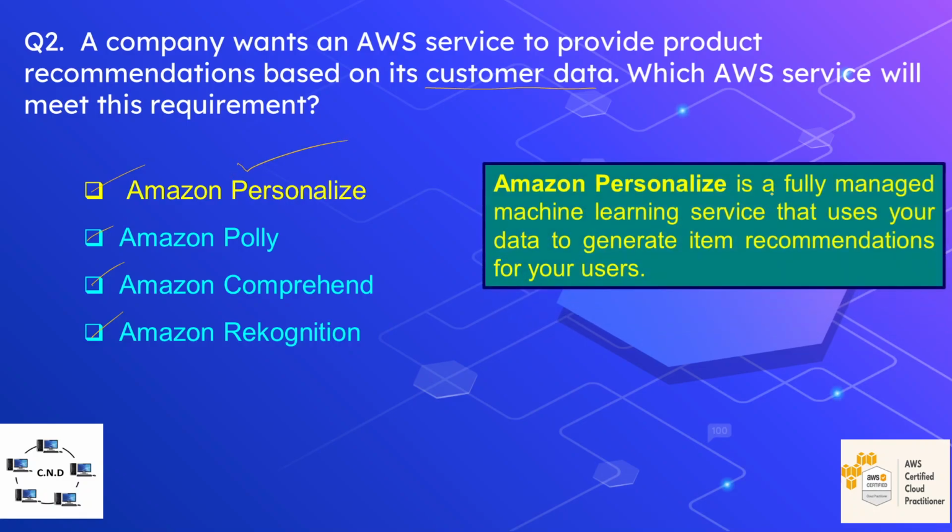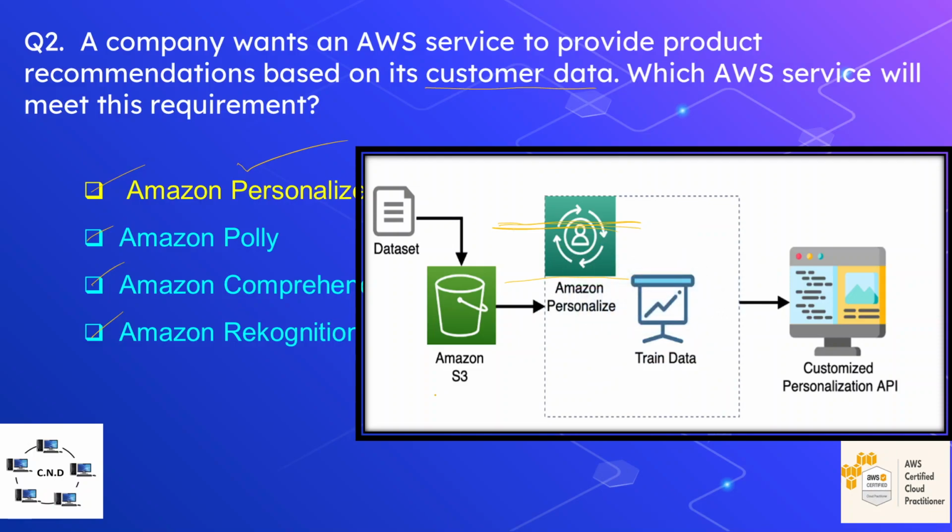So Amazon Personalize is basically a fully managed machine learning service, the keyword being machine learning, that uses your data to generate item recommendations for your users. So it basically uses your data and your usage of the services to generate recommendations through the use of machine learning. And this is the visual representation of this service.